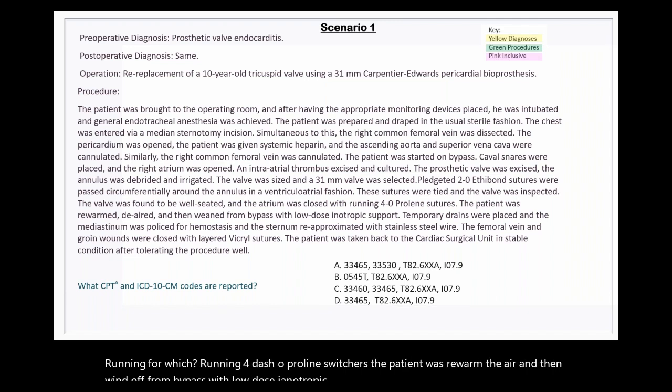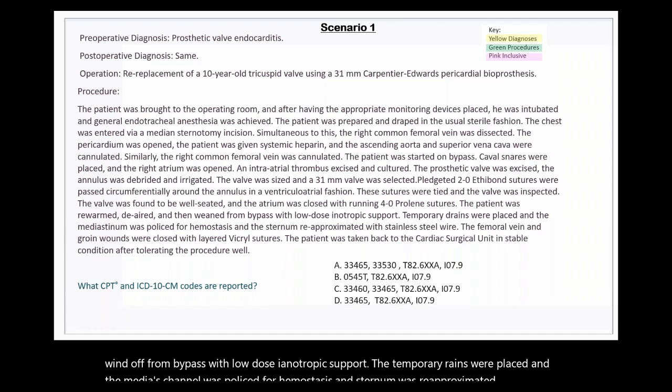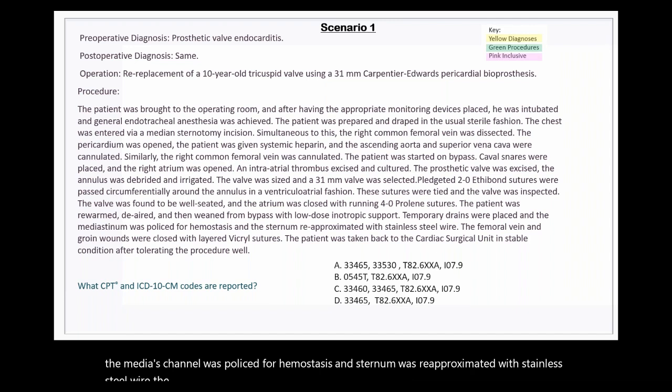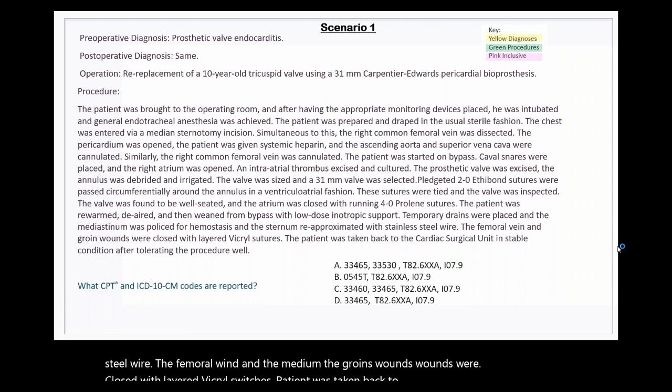The temporary drains were placed and the mediastinum was checked for hemostasis and the sternum was reapproximated with stainless steel wire. The femoral vein and the groin wounds were closed with layered Vicryl sutures. The patient was taken back to the cardiac surgical unit in stable condition after tolerating the procedure well.